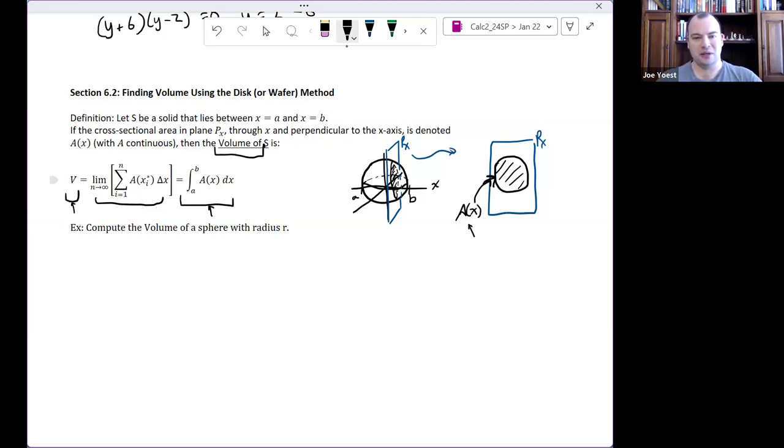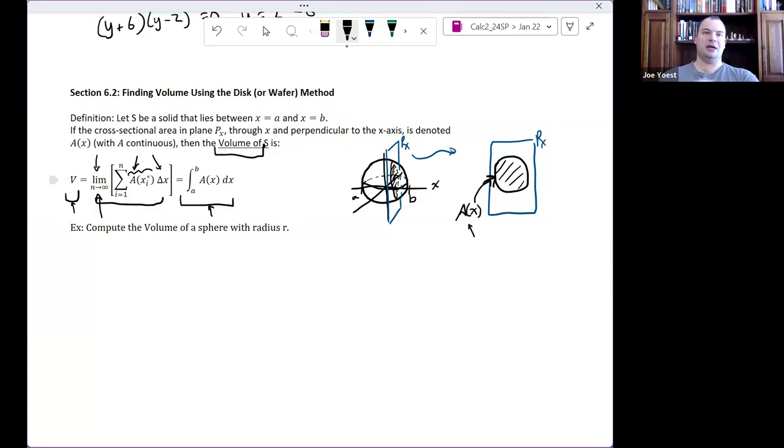But then as I take the limit, as the thickness of my cylinders goes to 0 and the number of cylinders goes to infinity, when I add up all of those infinitesimal areas infinitely many times, that's when I pass to the integral from the sum.